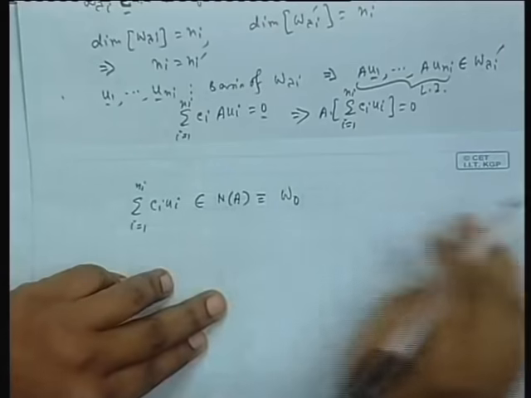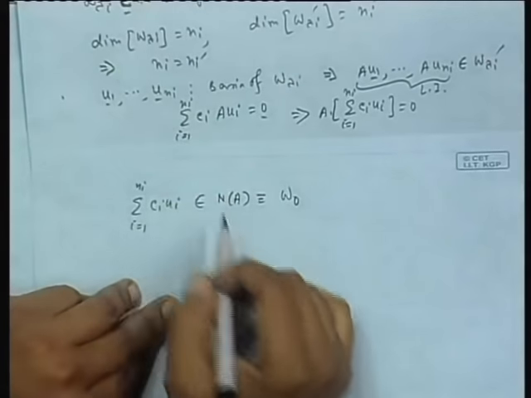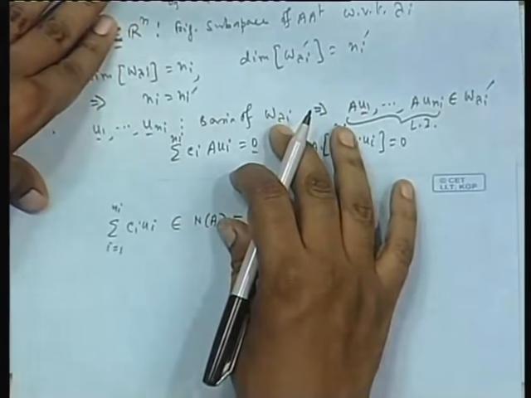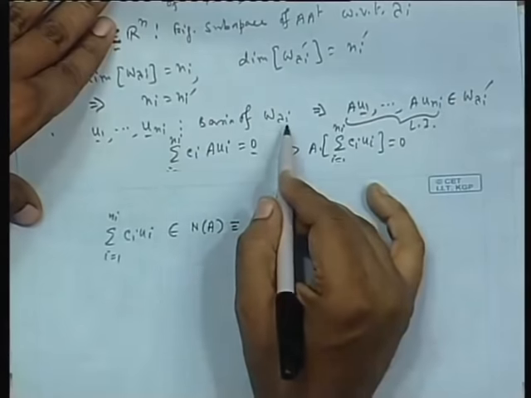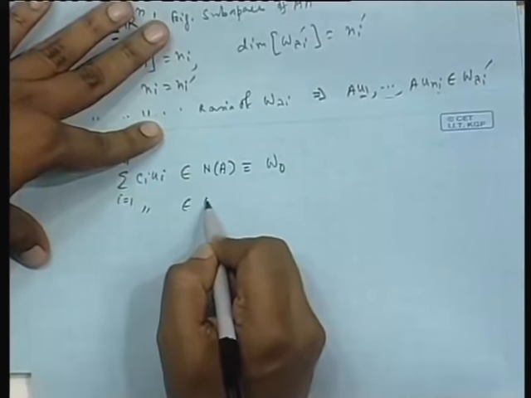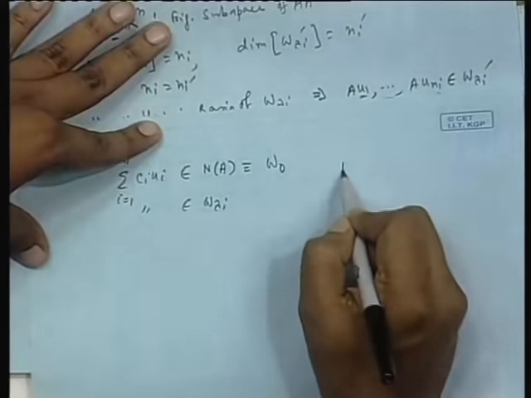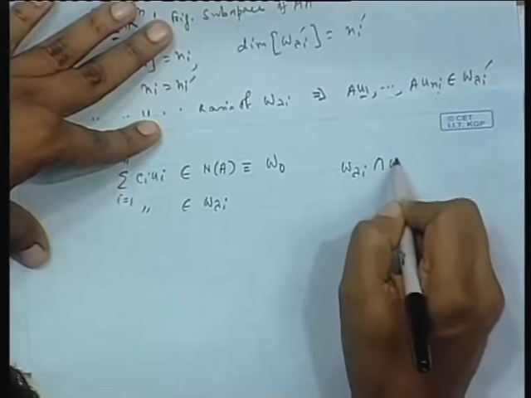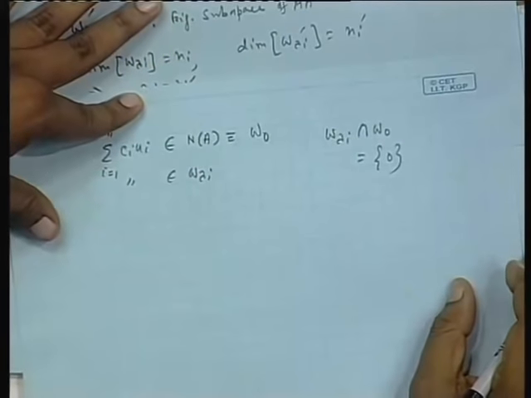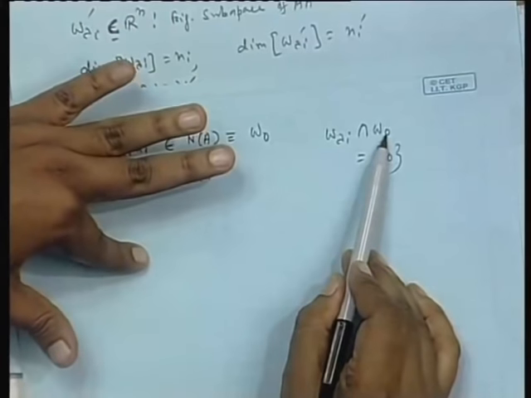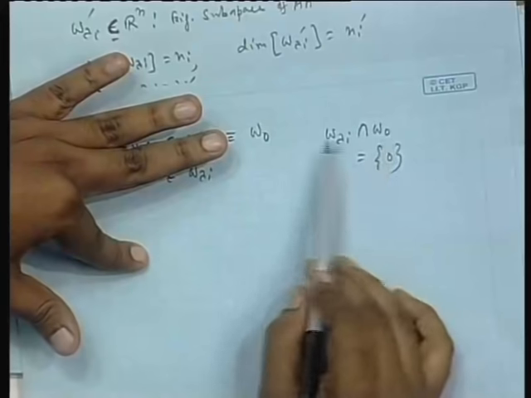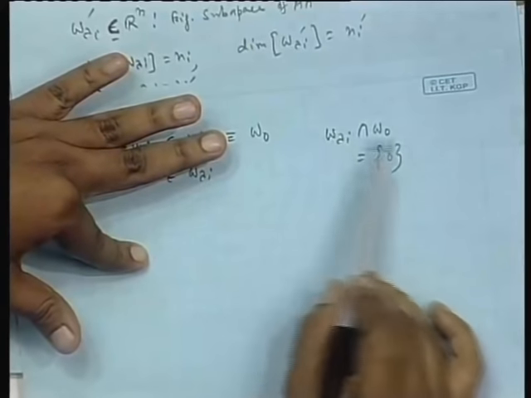Okay, but where are the u I's taken from? The u I's are taken from W lambda I. So this also belongs to W lambda I, and W lambda I intersection with W0 is nothing but only the 0 vector, because this is corresponding to eigenvalue 0, this is corresponding to eigenvalue lambda I, they are distinct, and therefore any vector from here and any vector from here are linearly independent.